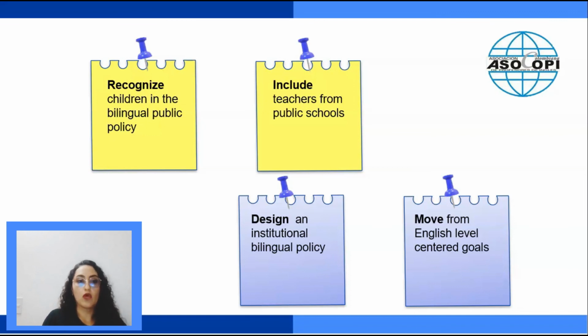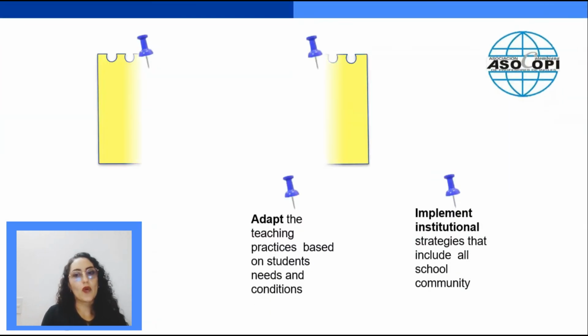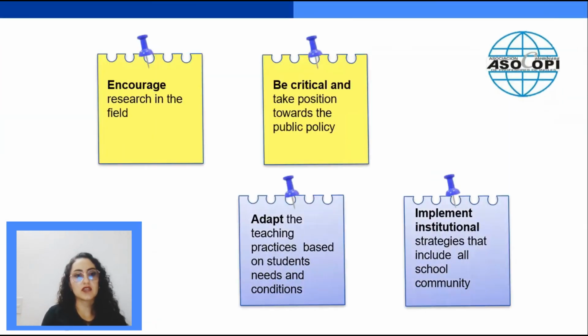And this is more a call for bilingual policymakers, and it is important to move from English level centered goals, so the strategies can be directed not only for the higher levels but also for the first ones. And this is a call for all academic institutions, and there is a need to encourage research in the field. And for teachers, I can say that we need to be more critical and take position towards the public policy.